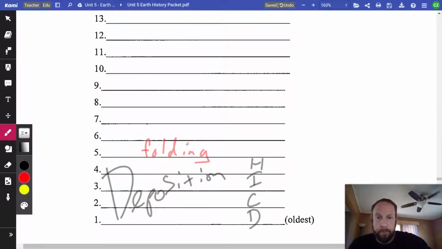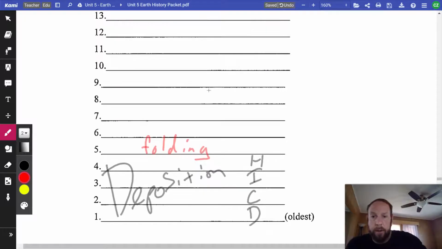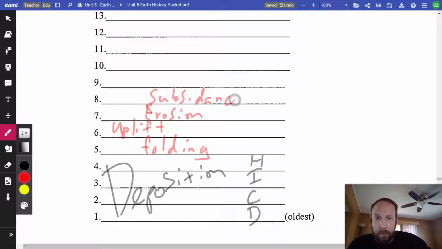So we have folding that leads to this unconformity, and the three parts to our unconformity are uplift, erosion when exposed to the surface atmosphere, and subsidence back underwater.